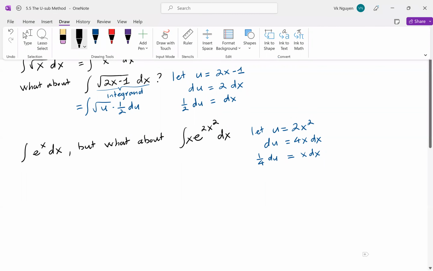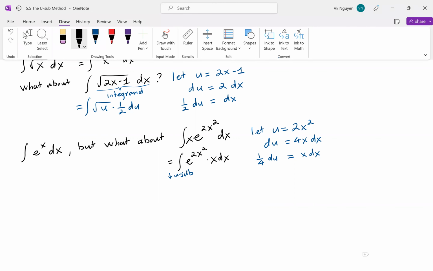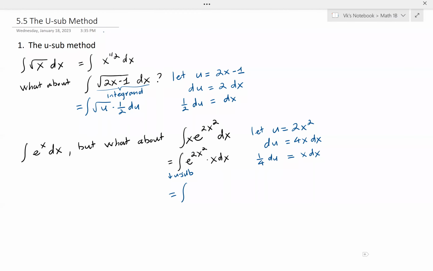And we can rewrite the integral here as e to the x squared times x dx. Now we can do the u sub. And we get the integral of e to the u times 1/4 du. Yay! We know how to integrate this. It is the magic behind the u sub.